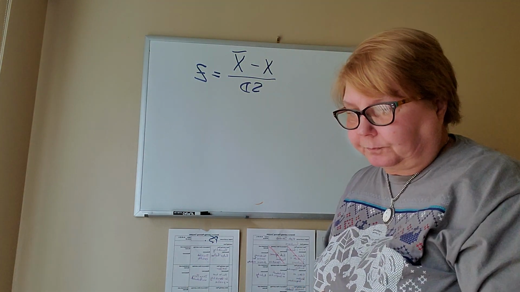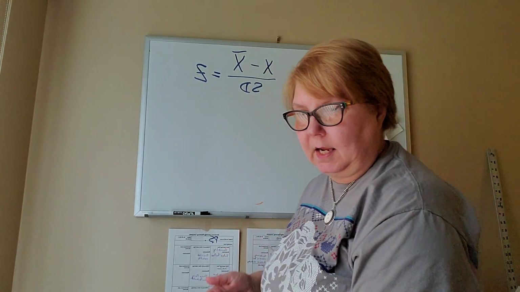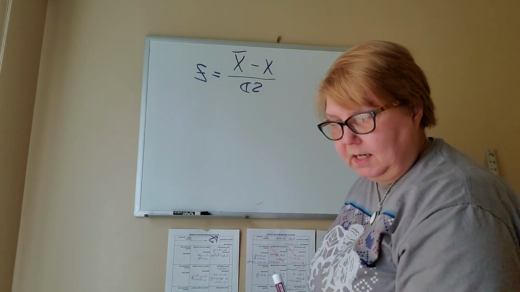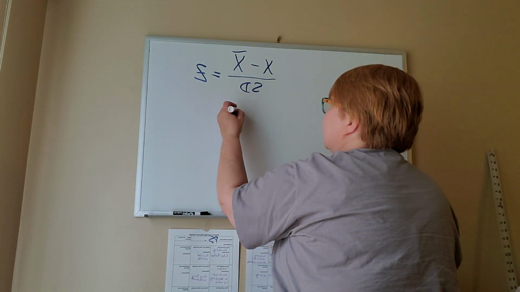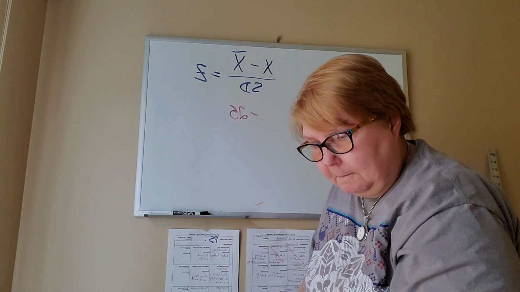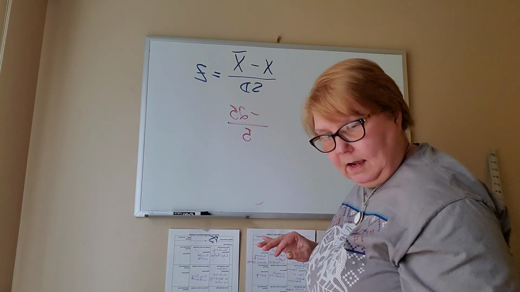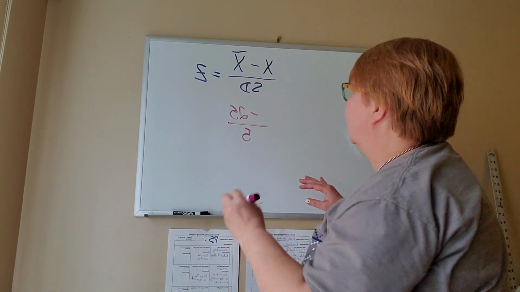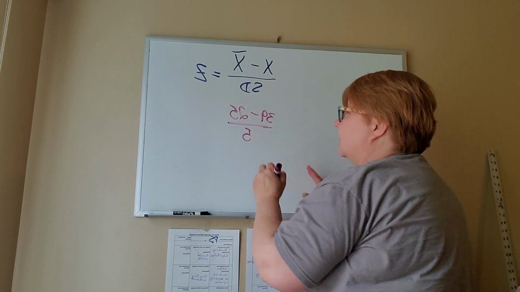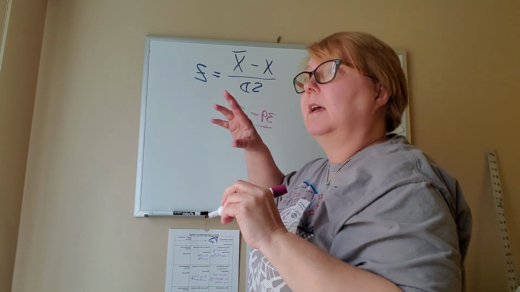Okay. So the problem on page, I think this is page 2 now in the notes at the bottom, it says the mean is 25. The standard deviation is 5. And they want to calculate a Z-score for a data point at 39. So you're going to take 39 minus 25, hit equals.